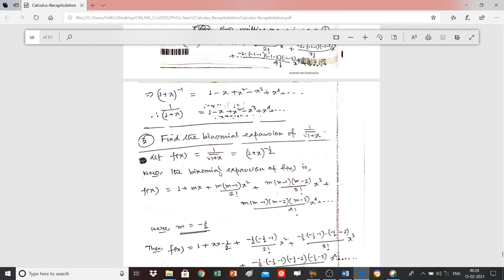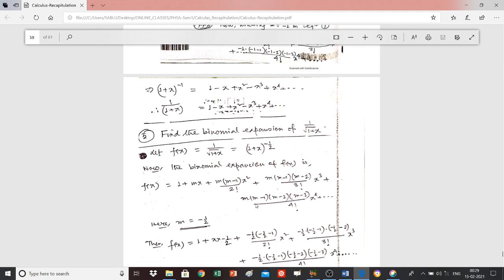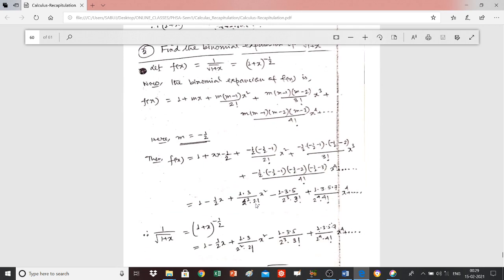And you know that the binomial expansion of (1 plus x) to the power m is given by 1 plus mx plus m into (m minus 1) by 2 factorial x square plus m into (m minus 1)(m minus 2) by 3 factorial into x cube plus, in this way, the next term will be m(m minus 1)(m minus 2)(m minus 3) by 4 factorial into x to the 4. In our present case, m is equal to minus half.